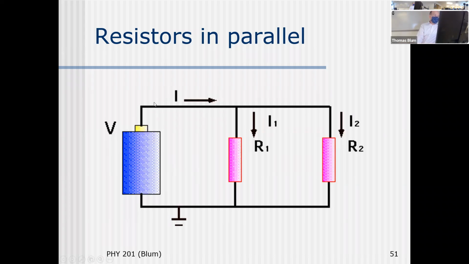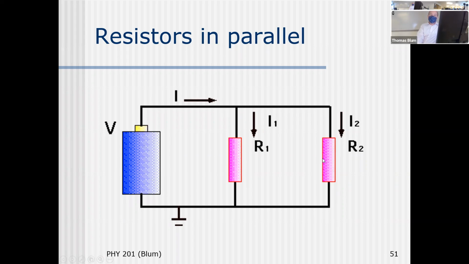Each one of these, there's a path here through R1. There's a path here through R2. On a given single path, the voltage must be used up. So the whole voltage must be used up on R1 if I take that path, or the whole voltage must be used up in R2 if I take that path.